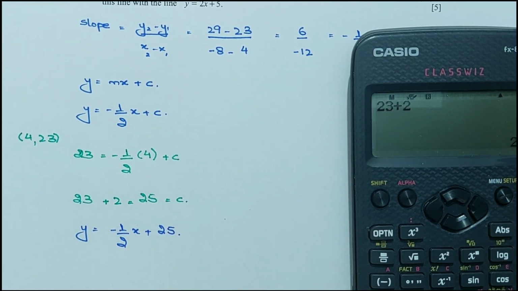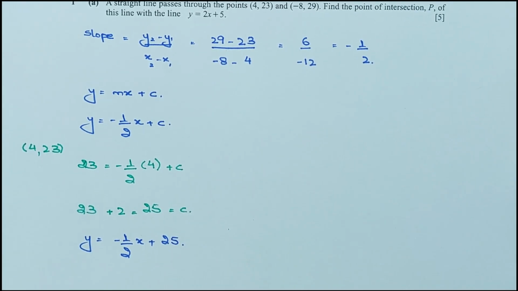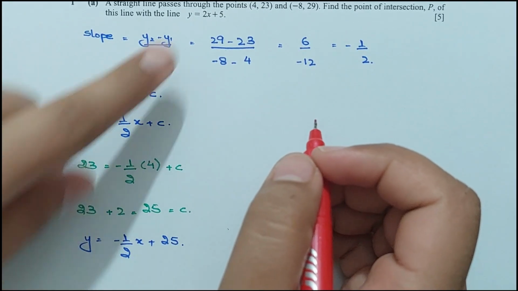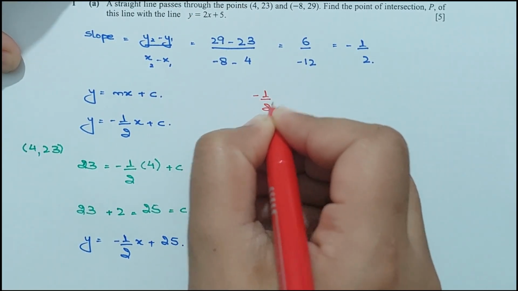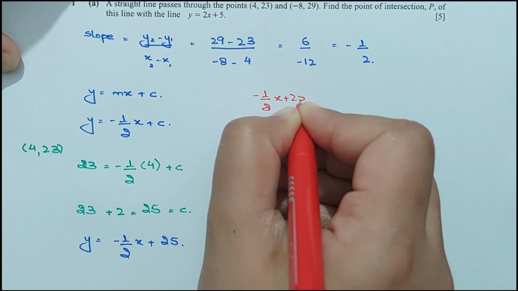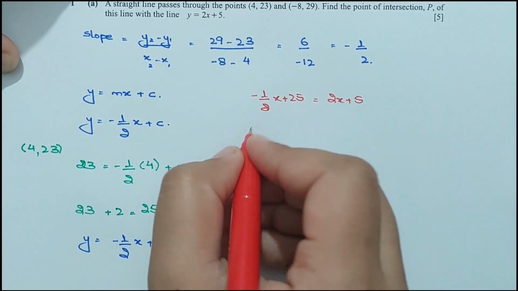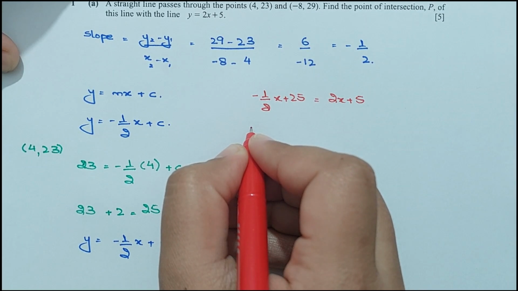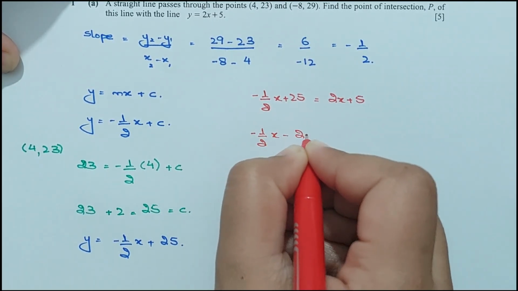Now we have two equations of lines. We have to find their point of intersection. To find the point of intersection, we have to put them equal and simplify. So minus 1/2 x plus 25 equals 2x plus 5. Let me combine all the x terms to the left and the constants to the right.